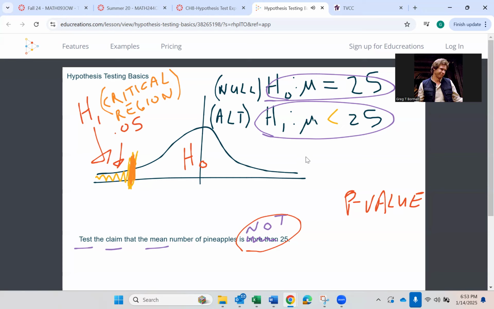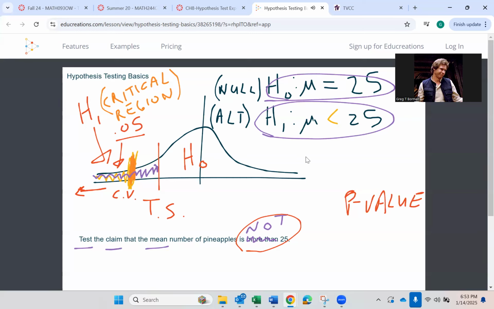Now let's say that we find our test statistic, and it is right there. The amount of area from the critical value out to the end of the tail is 5%. So would the area from the test statistic to the end of the tail be more or less than 5%? Well, it'd be more.